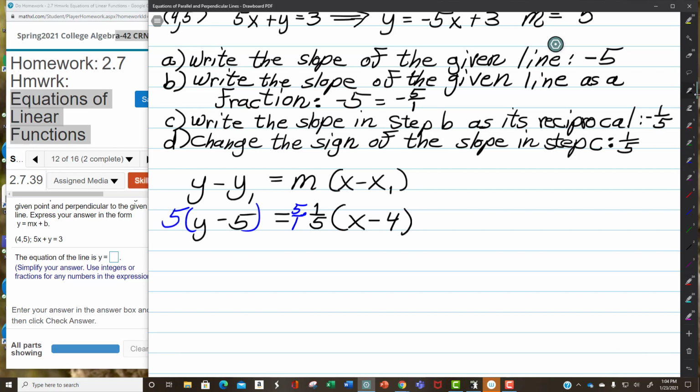Now 5y minus 25 equals, the 5's cancel, I'm left with 1/1, which is 1. 1 times x minus 4 is x minus 4.